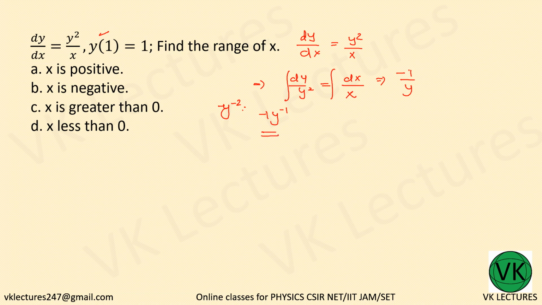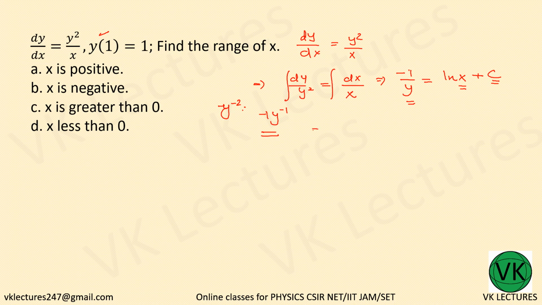So minus 1 divided by y equal to log x plus c. Now why are we not using log c? Because our y is not a function of log, only our x, that is our independent variable, is not a function of x. That is why we are not using it.